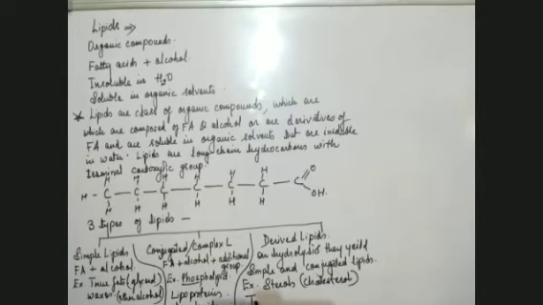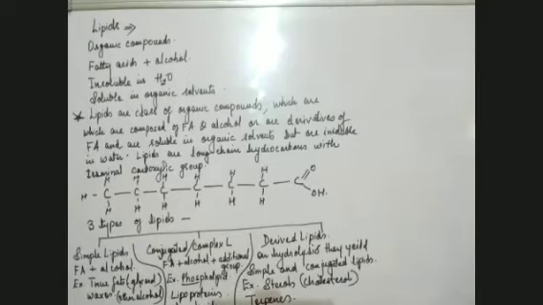Then some terpenes are also there, which are in the derived lipids. So we have three types of lipids: the simple lipids, the conjugated lipids, and the derived lipids. When fatty acid and alcohol only is present, we call it simple lipids. When fatty acid, alcohol, and an additional group is present, we call it conjugated or complex.